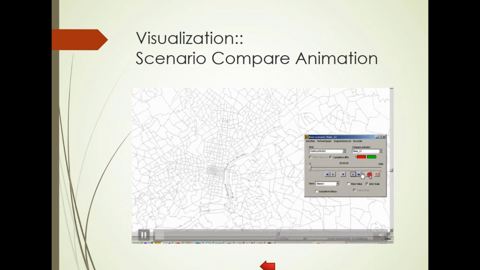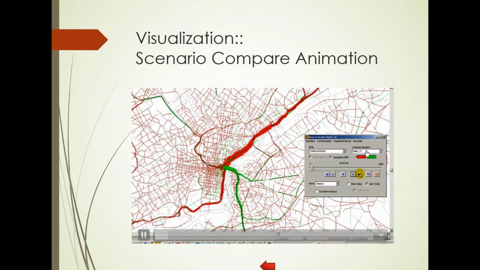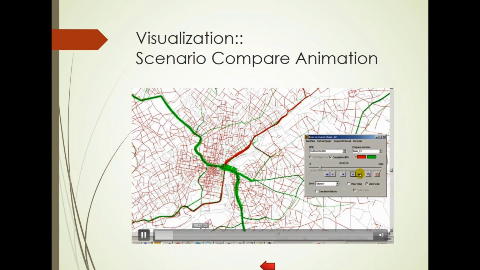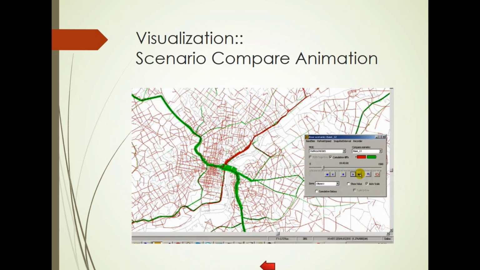Again, we use the control. We select two scenarios. One is here, one is here. Now let me pause here. This is a scenario where a bridge is closed. We have the baseline case, and in the scenario case, we close the bridge. As a result of the bridge closure, traffic needs to start using other roadways to cross. And you can tell there is red and green.